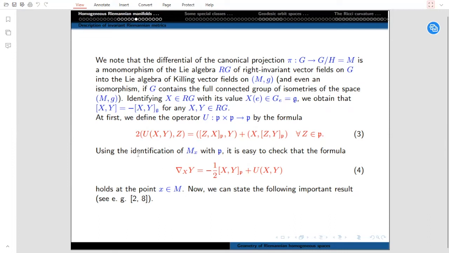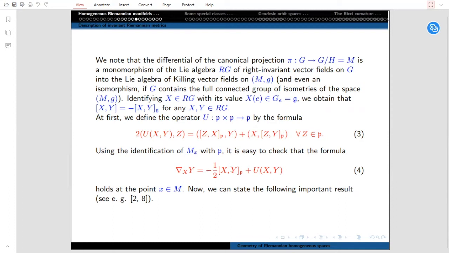Using the identification of the tangent space at the point with the reductive decomposition P, it's easy to check that this derivative nabla X Y could be calculated by this formula.